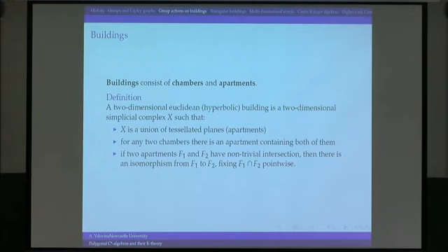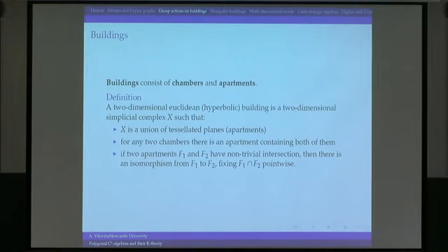And what is a chamber? It's just one polygon in this tessellation. Then for any two chambers, there is an apartment containing those chambers, and if two apartments have a non-trivial intersection, then there is an isomorphism of apartments fixing their intersection pointwise.